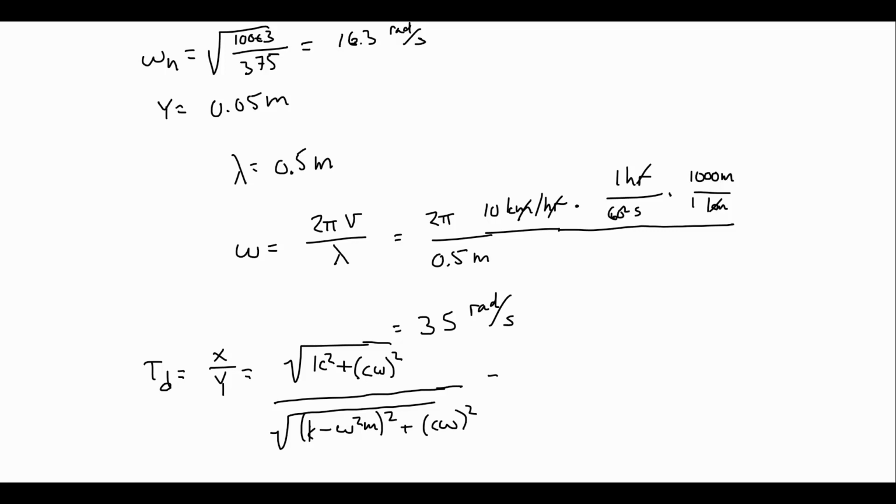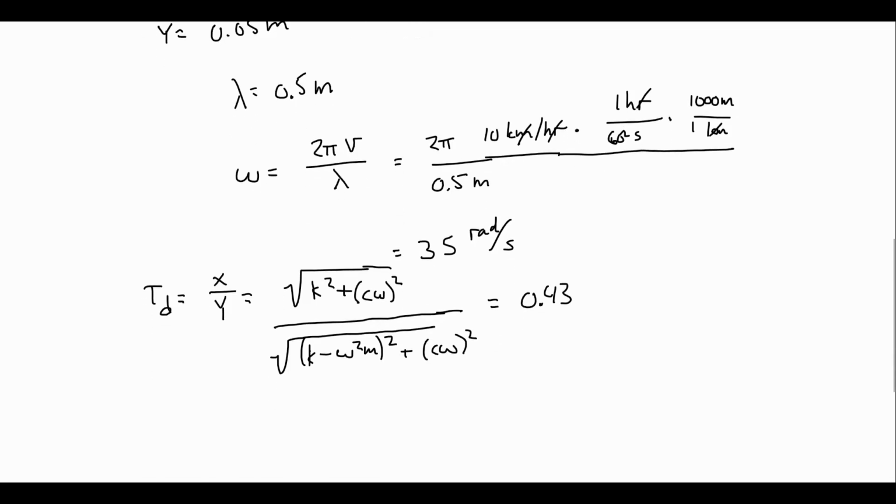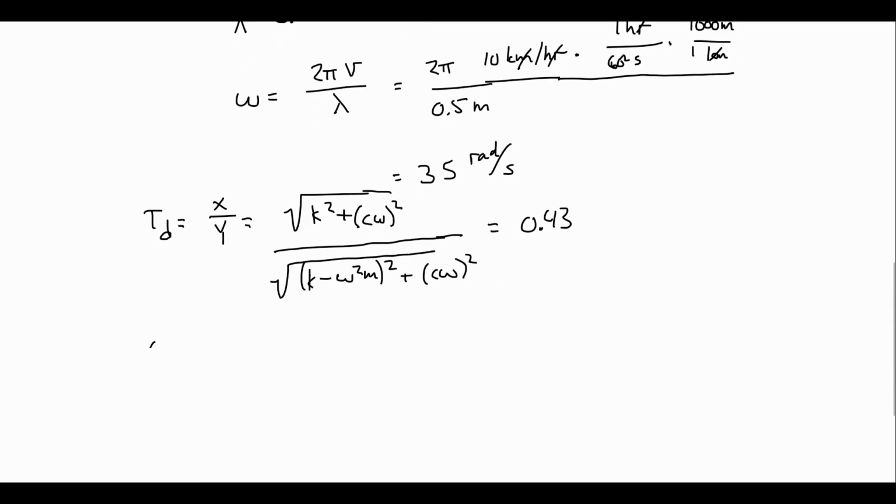And if we put in the k, which we now know, the c, which we know, the omega, which we just calculated, we are going to find that the transmissibility is going to be 0.43 when we are traveling at this 10 kilometers per hour. And we can find our phase as well.